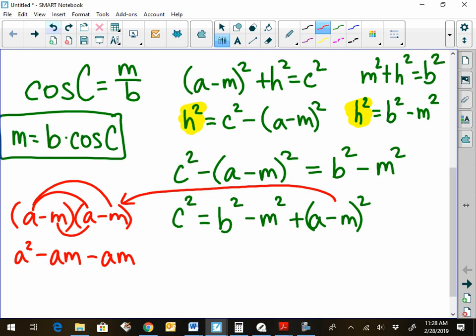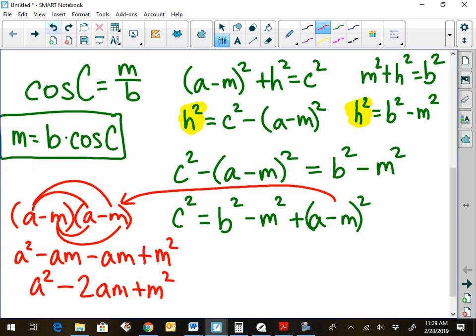Then I distribute the last two, and a negative times a negative is a positive m². Now I can combine like terms, and I get a² minus, noticing I have am twice, 2am plus m².